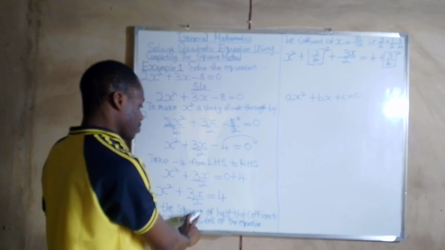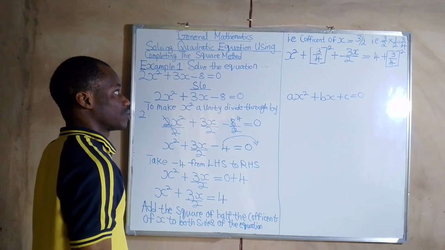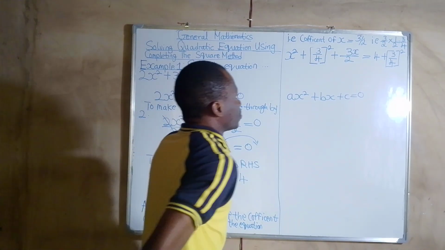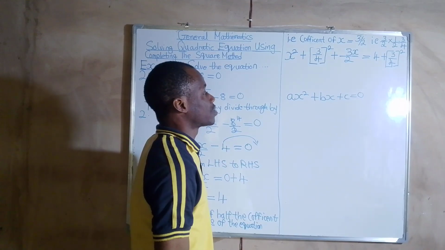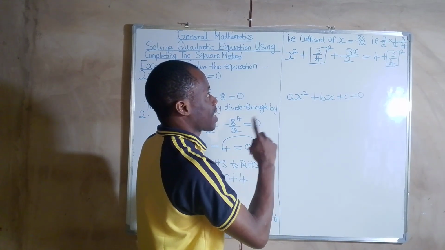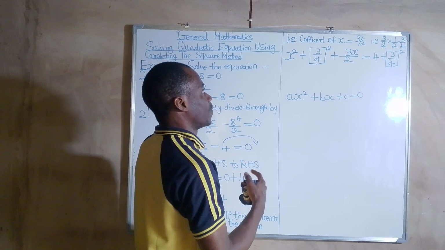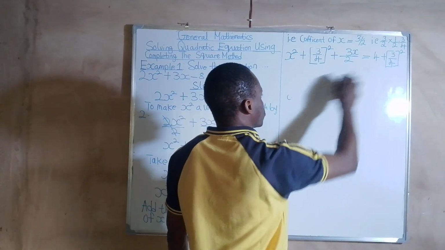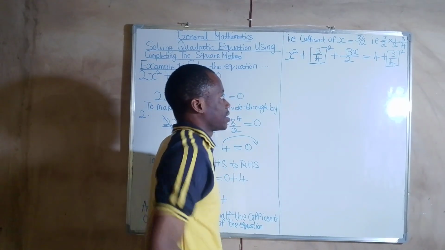Add the square of half the coefficient of x to both sides of the equation. Now, since they said add, the next step is we are going to take both sides in squares. At the left hand side, we take the one that is in square. Then we'll now solve the right hand side.